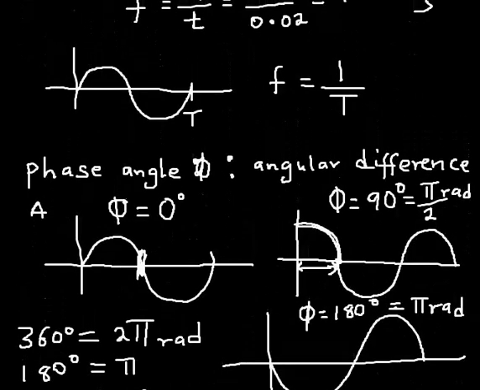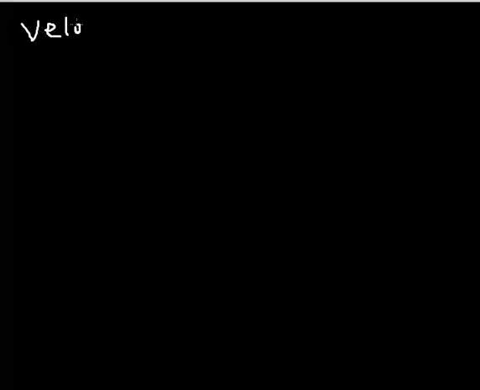All right, so now let's look at the last concept that is used to describe a wave. That is the wave velocity, v. The wave velocity, with the symbol v, is the rate at which the wave changes displacement with time.